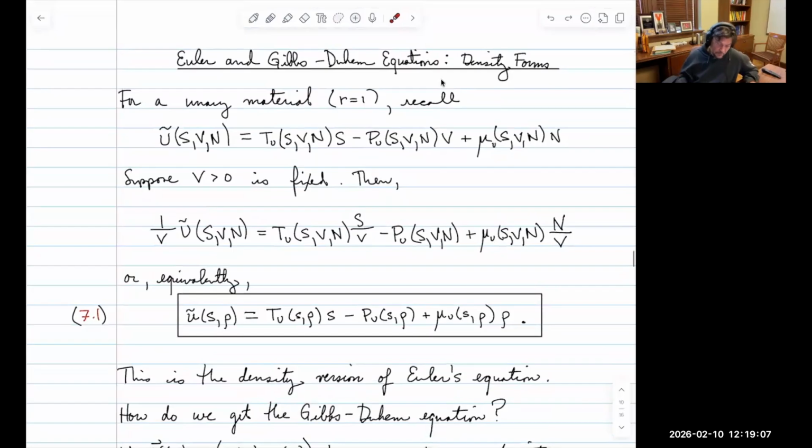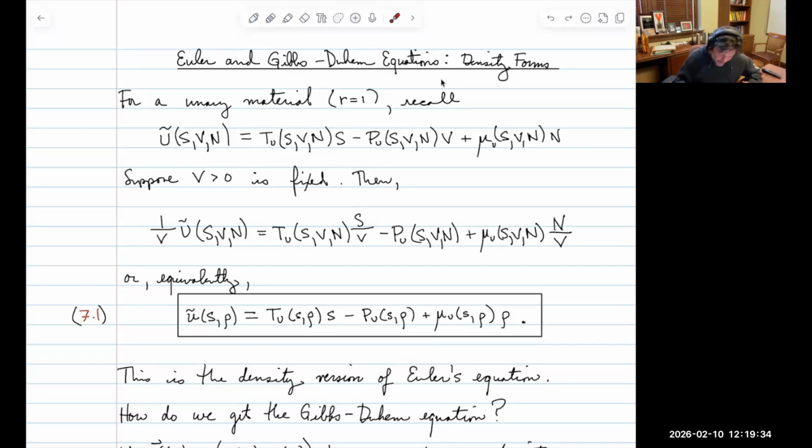We can also do a similar sort of analysis. We can change the Euler and Gibbs-Duhem equations to their density forms. Again, this is really the same as what we did with the molar case, so there's not much new content here, except that instead of normalizing by n, we're now normalizing by v.